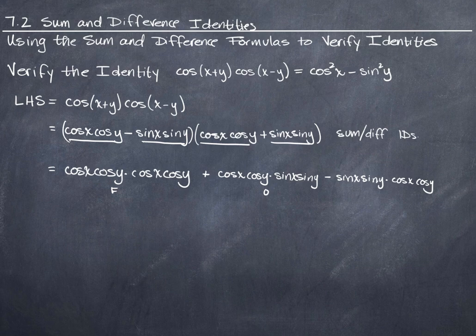And that is my inside. And then my last multiplication is a negative times a positive, so I'm going to have minus sine x sine y times sine x sine y.